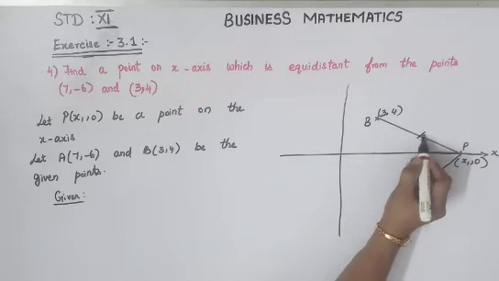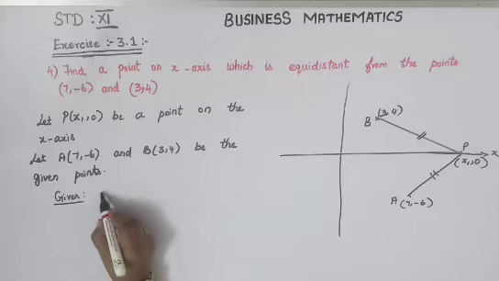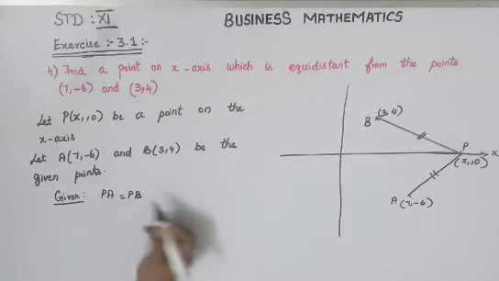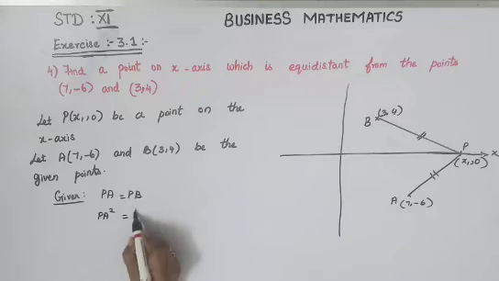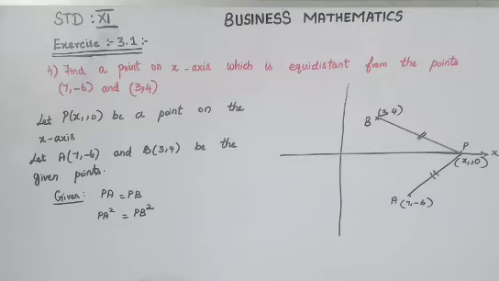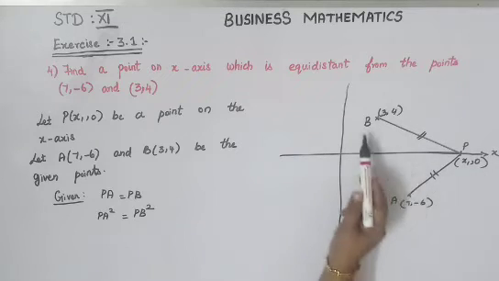Okay, so PB and PA will be equal. So we can write it as PA is equal to PB. Now PA square is equal to PB square. Now substituting in your distance formula, you'll have to find your distance for AP and BP.